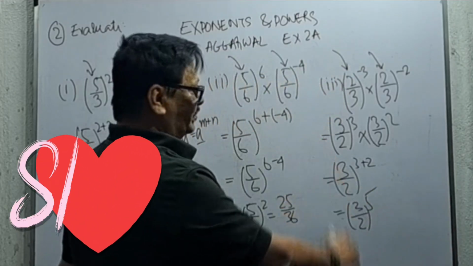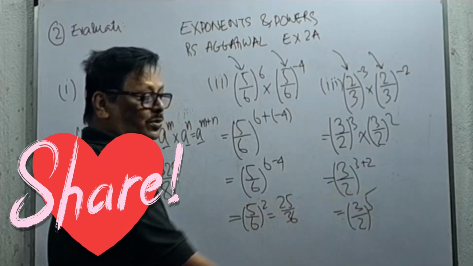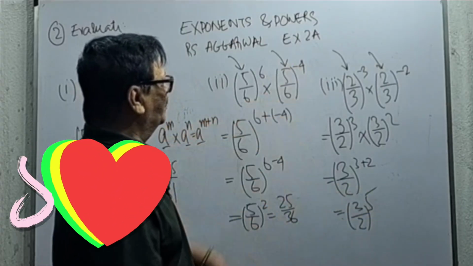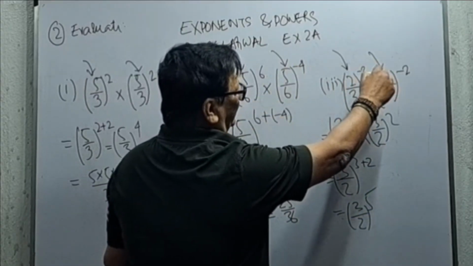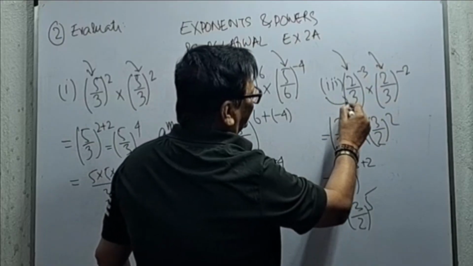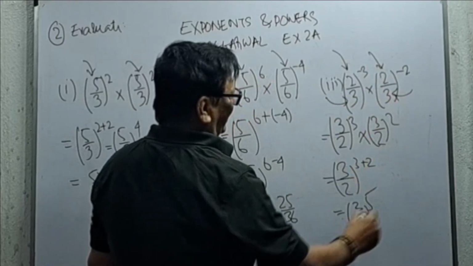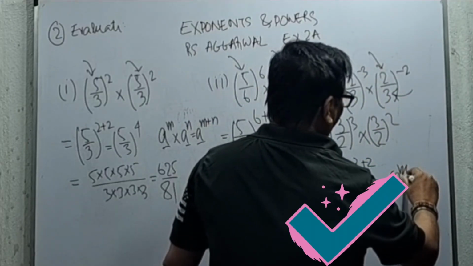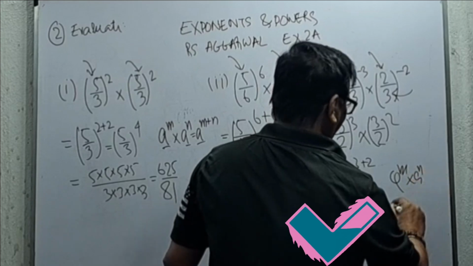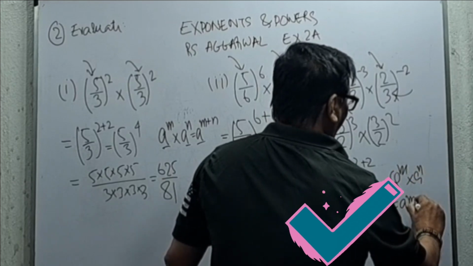Correct? Now you calculate this one. I've done so many, now you do this. So this is where I made the index positive, because the bases would remain the same, and I can apply a to the power of m multiplied by a to the power of n is equal to a to the power of m plus n.